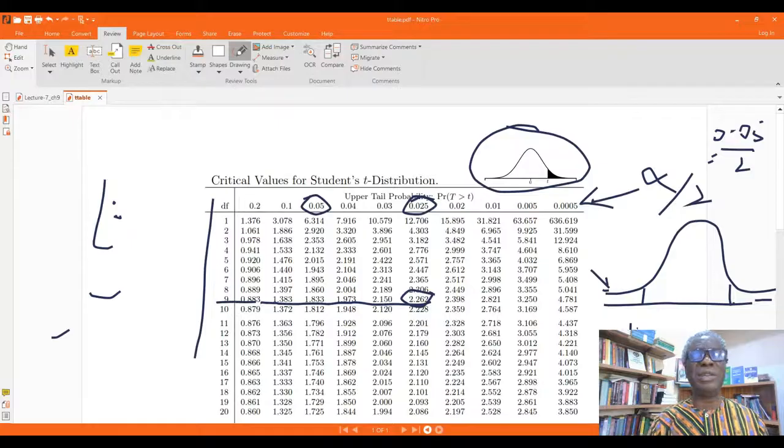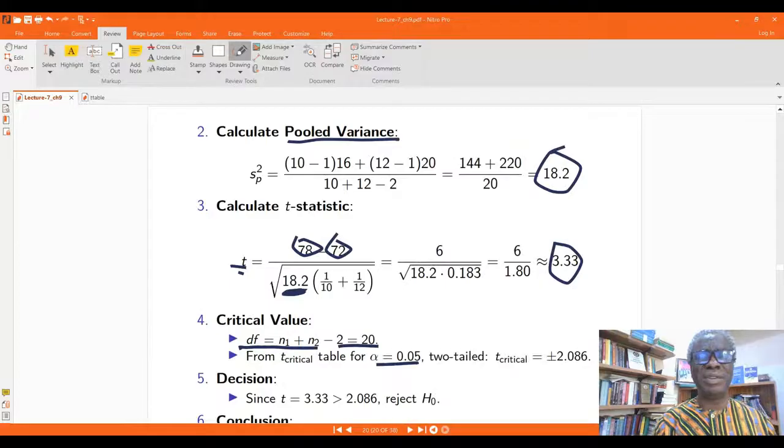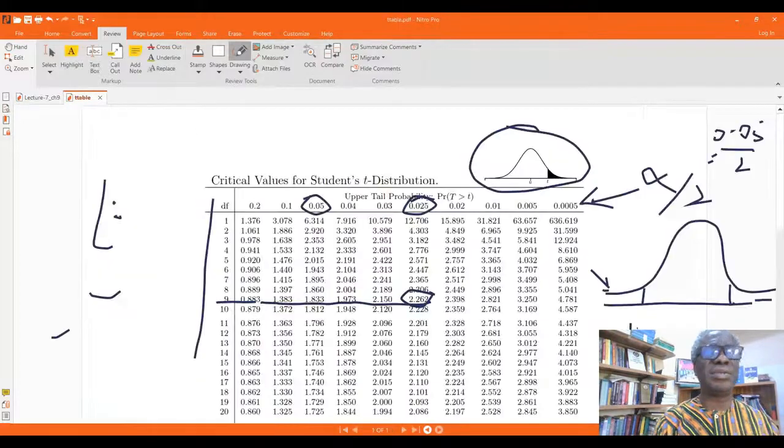So remember, our degree of freedom is 20. So we have to look for 20 here.